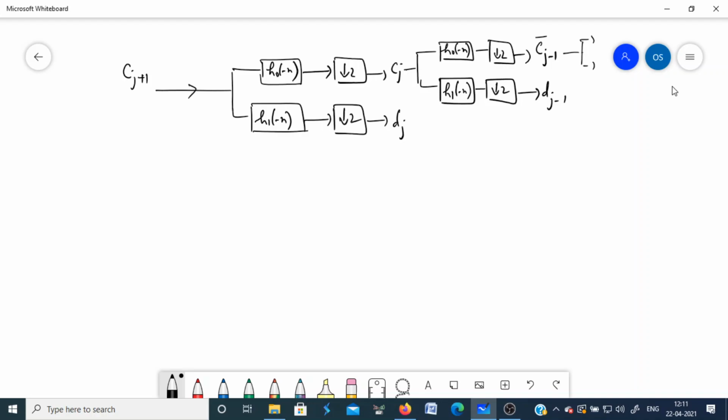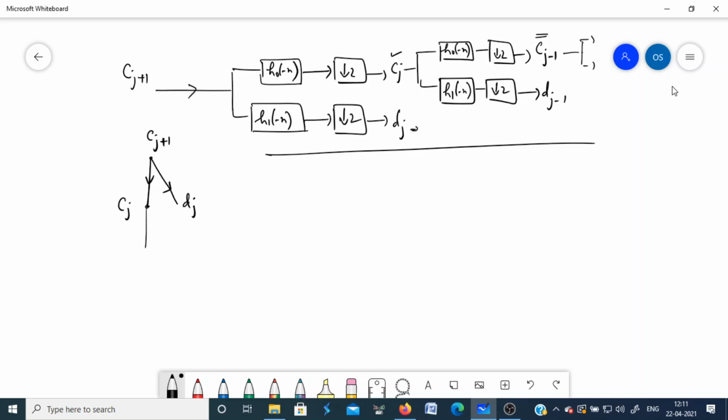So this c of j minus 1 can be further decomposed, and we can get c of j minus 2 and d of j minus 2, and so on. Okay, so this is a tree-like structure basically. We start from the scaling filter coefficients. This is for the scaling function expansion coefficients, or we call them approximation coefficients, and dj, these are called detailed coefficients. Okay, so start from approximation coefficients at any scale, and then you decompose this into detailed coefficients at the next lower scale and the approximation coefficients at the next lower scale.